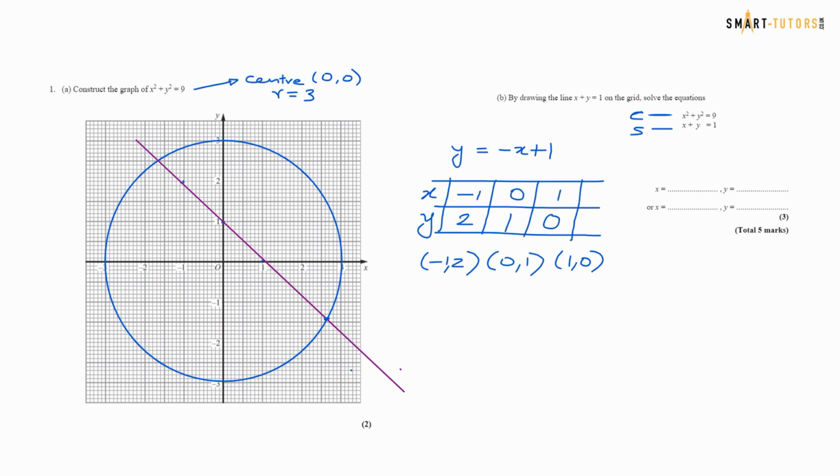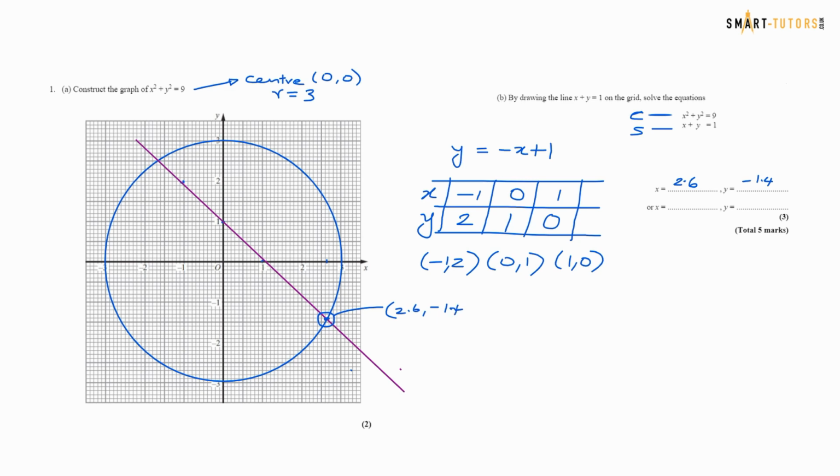The intersection point is roughly 2.6, so the x answer is 2.6 and the y answer is minus 1.4. Basically, what you're doing is finding the x coordinate of this point. I got 2.6 and minus 1.4.